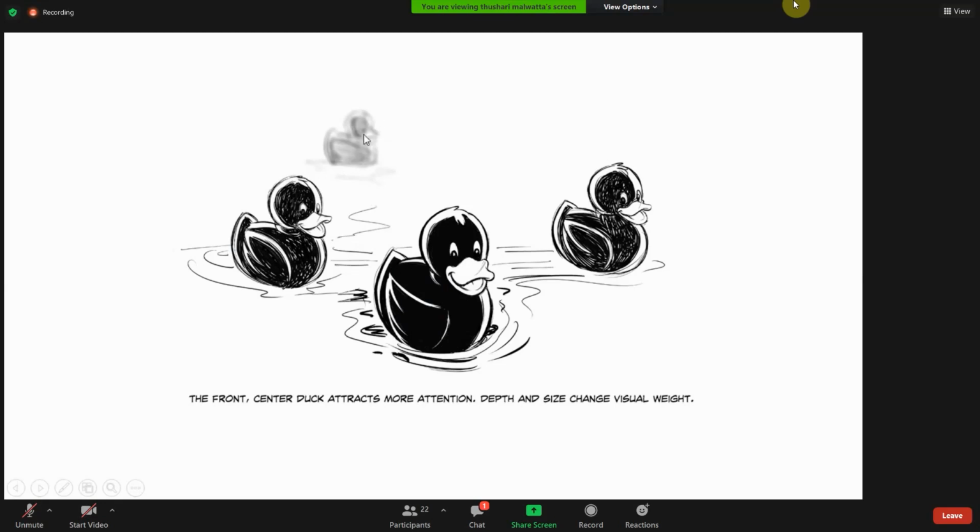With this distant duck and with this distance, you create depth in this image. And the scale is up. So this depth and scale give you a visual weight. So this has more weight than this one. This has more weight than this one.